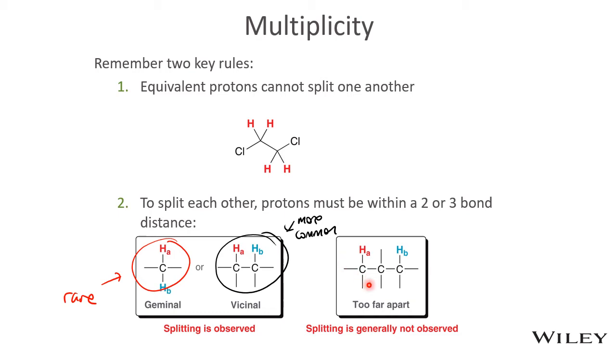But for an example where you have HA that's a full carbon away from HB, we have a total of 1, 2, 3, 4 bonds between these two hydrogens. So these two are too far apart, and you would not observe any sort of splitting with the signals associated with these hydrogens.